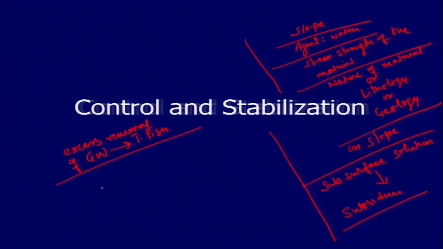Further, we also talked about that the subsidence can be because of the excess removal of groundwater, and the big example we looked at was the Tower of Pisa. Now, this is very common even in the area if you are talking about the withdrawal of groundwater in the Indo-Gangetic plain.